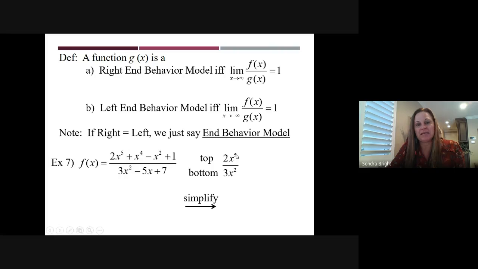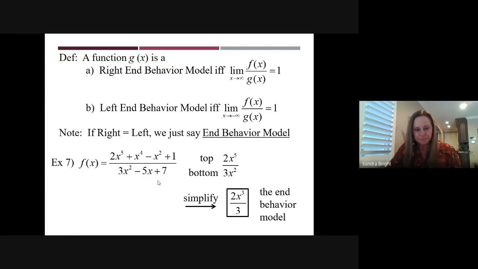That would leave you with an x cubed on top. There is your end behavior model on this guy. And that'll work anytime it's a polynomial over a polynomial. Look at the highest power on top, highest power on the bottom. Consider those your leading terms. Put them on top of each other, simplify, and there's your end behavior model.